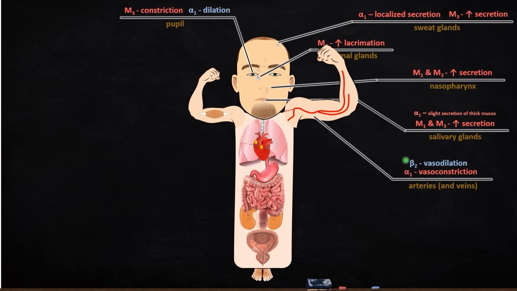Because epinephrine can activate both of these, whereas norepinephrine can only activate alpha-1 receptors. So that means the major catecholamine, which is what norepi and epi are, those are catecholamines, the major one that determines whether or not we're going to get dilation or constriction would be epinephrine.